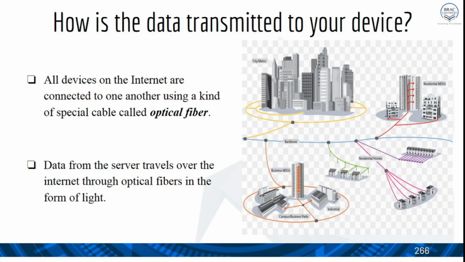And that is because, students, data in optical fibers travels in the form of light. And therefore, with the help of optical fibers, data can travel through huge distances in just an instant.